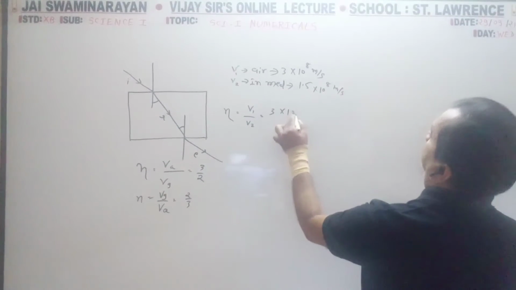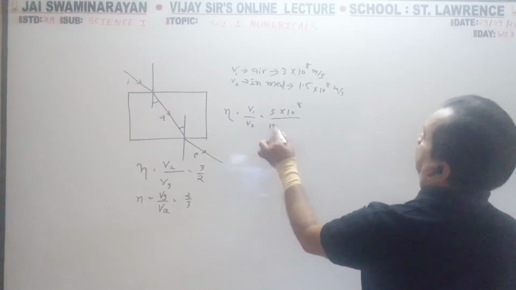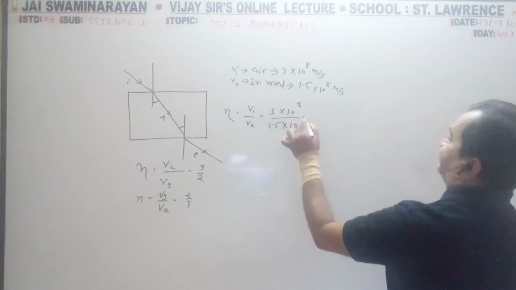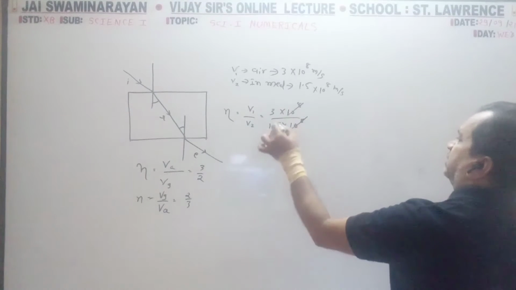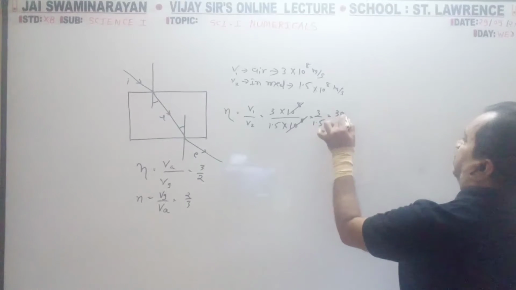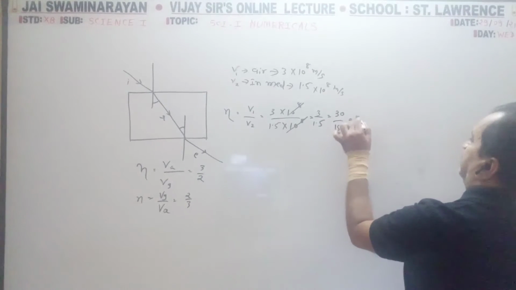So 3 into 10 raised to 8 divided by 1.5 into 10 raised to 8. So this will cancel. 3 by 1.5, it is 30 by 15, it is 2.